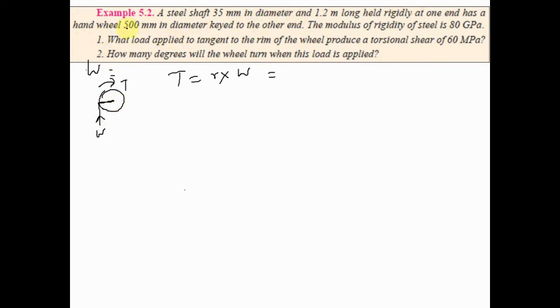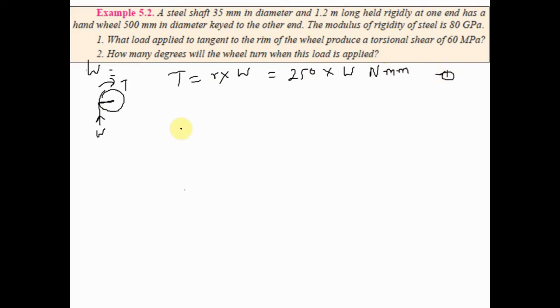So we have to take the radius of 500 millimeter diameter, where we are applying the tangential load. So this radius will be 500 by 2, that is 250. So we can write 250 millimeters into W, and this torque unit will be Newton millimeters. Okay, this is equation 1.